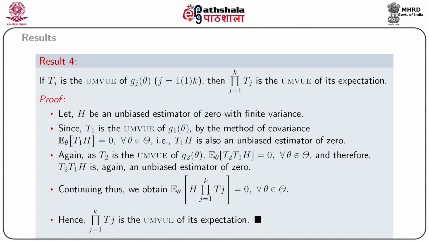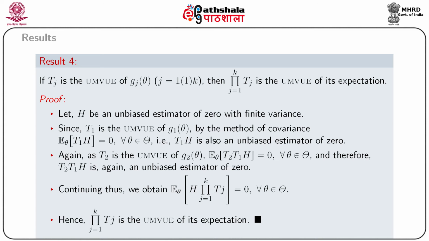We get expectation under theta of T2 into T1 into H equals 0 for all theta, which implies T2 into T1 into H belongs to U naught.